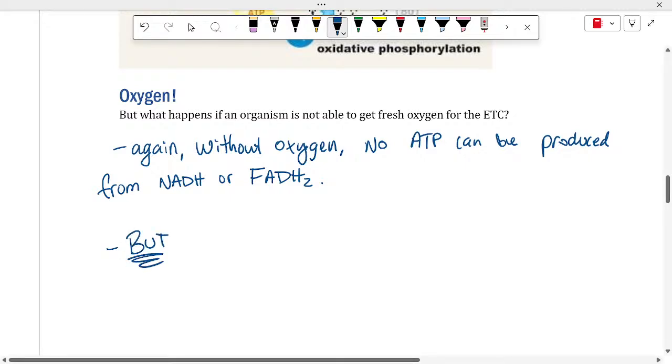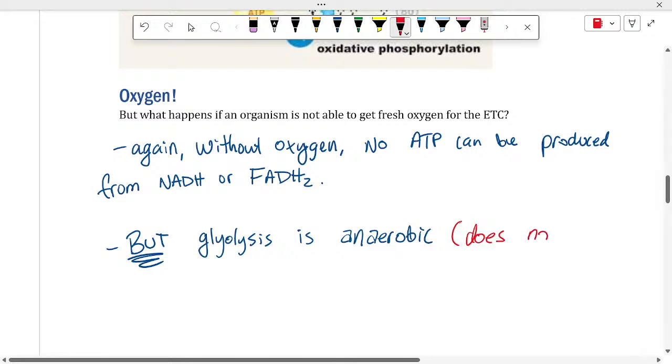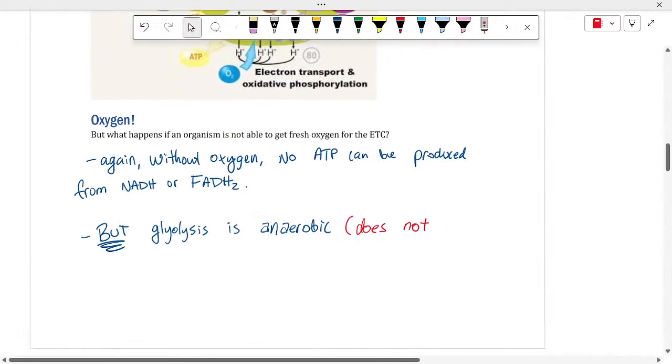But glycolysis is anaerobic. And what does anaerobic mean? Does not require oxygen.